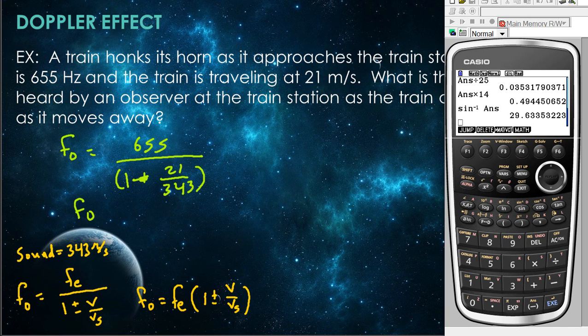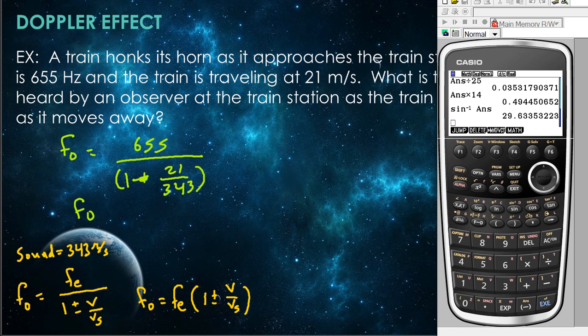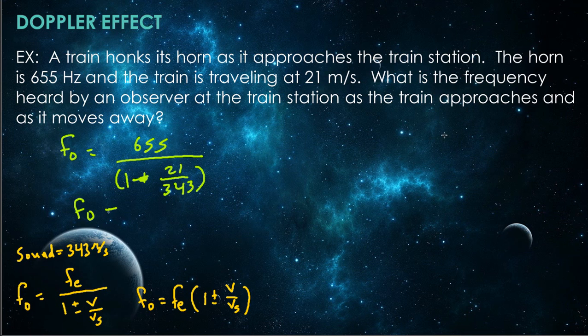So I'm going to have 655 all over 1 minus 21 over 343. And that's 697 hertz. Okay, so we do expect that as an object is coming to have a higher frequency, and as it is passing to be a lower frequency.